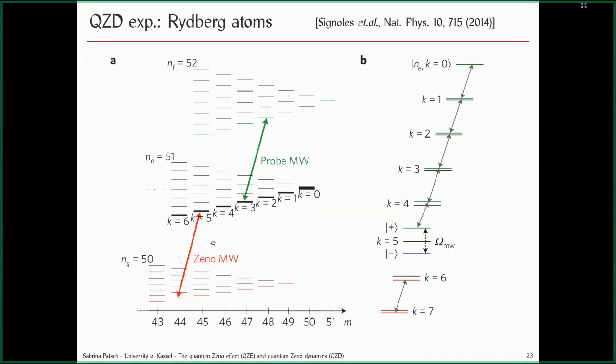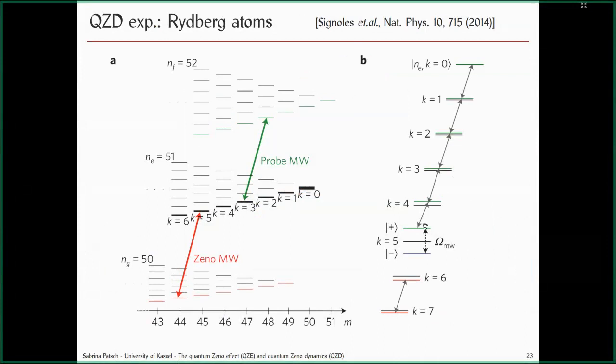So we see on the right-hand side that the pulses will induce a splitting of the k equal 5 state here. And then the driving field is not resonant anymore. It's indicated by the gray arrows here at the ladder. And it's not resonant anymore, so we are not able to populate the k equals 5 state. So you see, this is an example for the strong continuous coupling and not for the projective measurements.